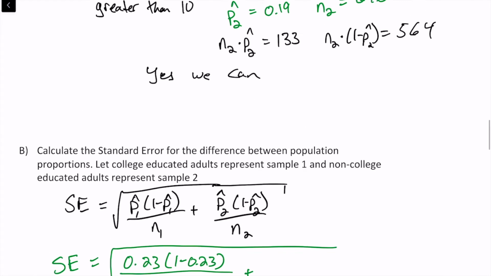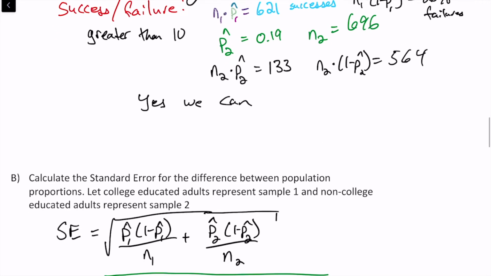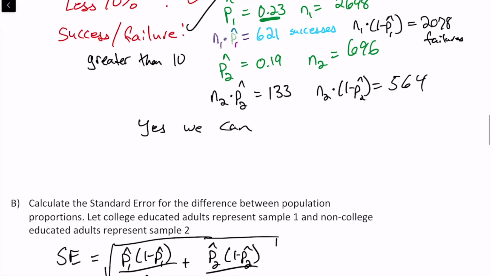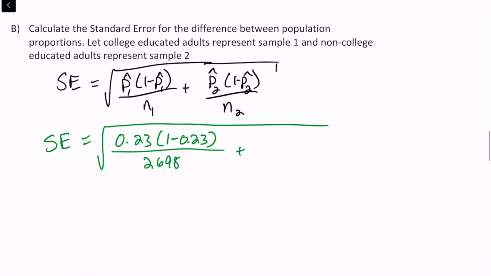Plus, now we do P2 hat, which was 0.19, times 1 minus 0.19, divided by the sample size of 696. And now we put this monstrosity into the calculator. I'm going to show you how to do this using technology, which will speed up this process. So just hang in there.